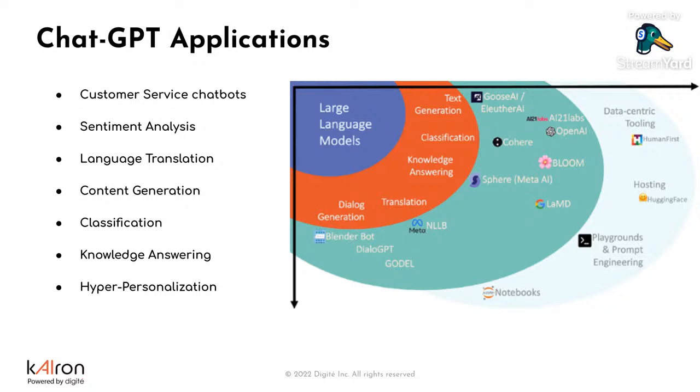There are n number of applications, but I am talking about 5 or 6 here. First, customer service chatbots, the most important application which businesses are using a lot, where they create a ChatGPT-based chatbot which can respond to customers in their natural language, and handle n number of languages in a very short duration of time, and the customer gets a live response in their natural language.